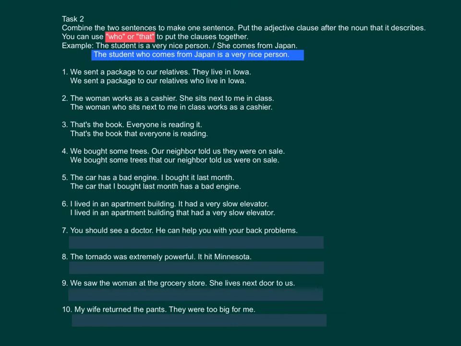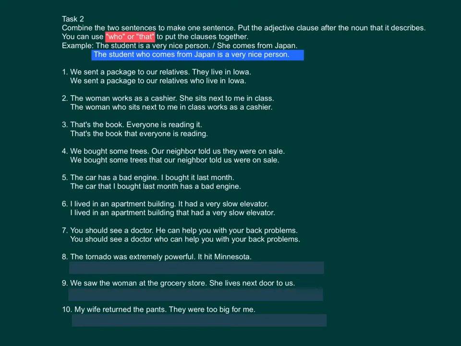Number 7. You should see a doctor. He can help you with your back problems. The answer is: you should see the doctor who can help you with your back problems.